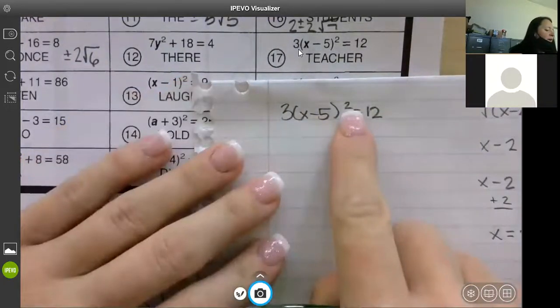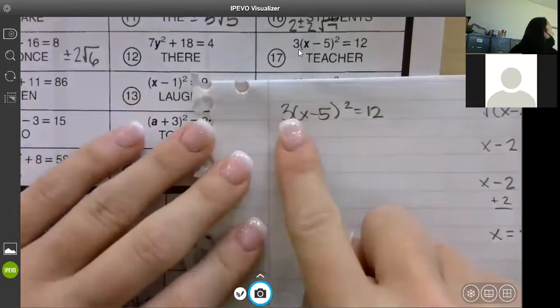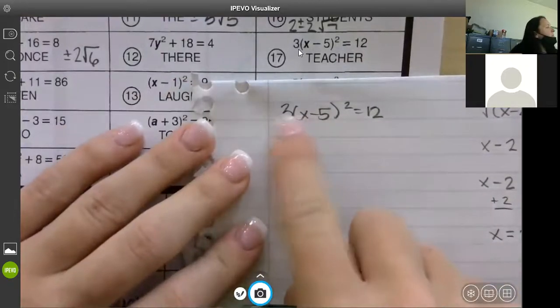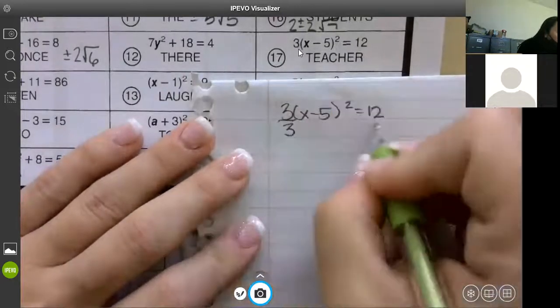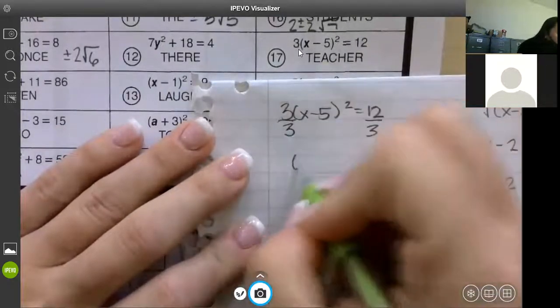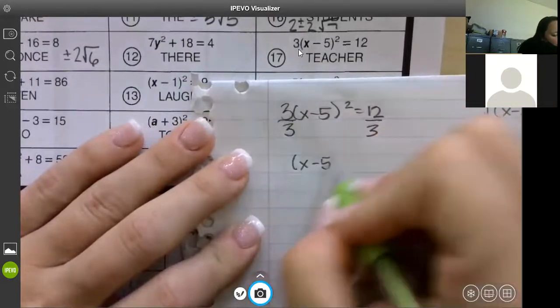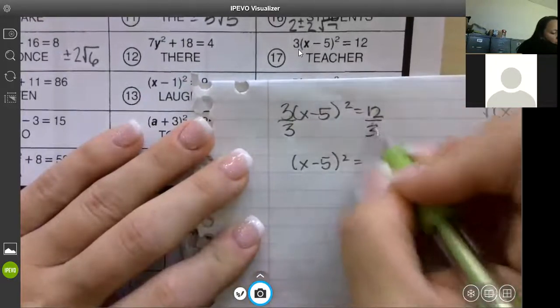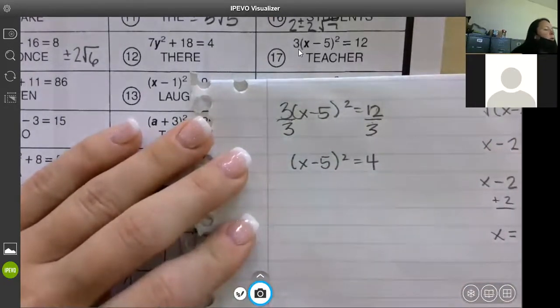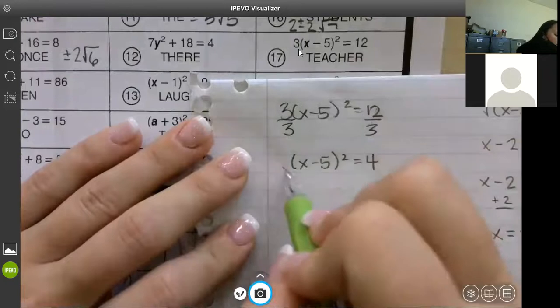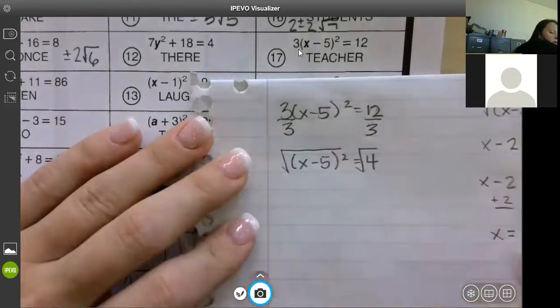I need that square by itself, but see how it's got the 3 on the outside? Typically, we would multiply that. We don't want to. We want to get rid of it. So we're going to divide it. Get rid of it. So we're left with (x minus 5) squared equals 12 divided by 3 is 4. All right, so watch this one carefully. Square root like we did the last one because that squares all by itself.